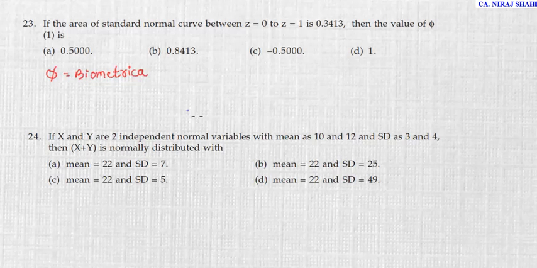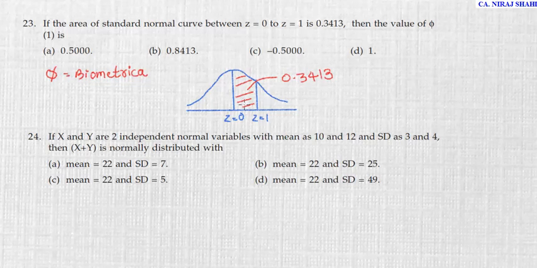Let me make a bell-shaped curve for you. This is a normal curve, a rough normal curve. Okay, here in between the value of z is 0, and suppose here the value of z is equal to 1. Now we know that this area is equal to 0.3413.